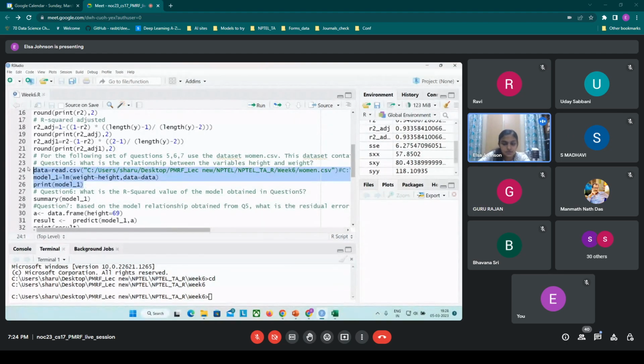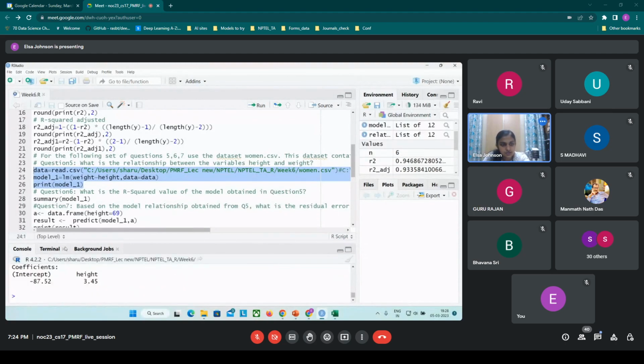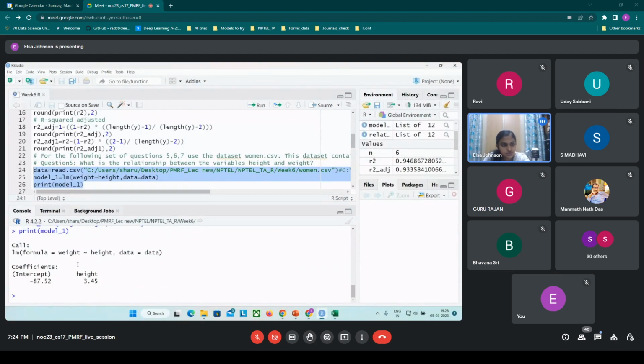It will give you these kinds of values. You can check the formula here: there are only two columns, weight and height, so it's weight with the tilde sign with respect to height, and data equal to data.